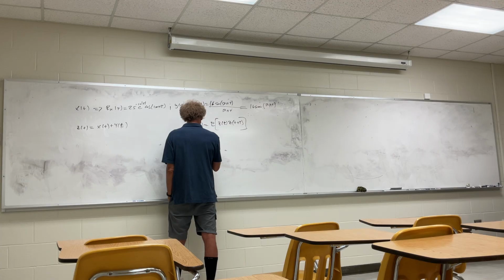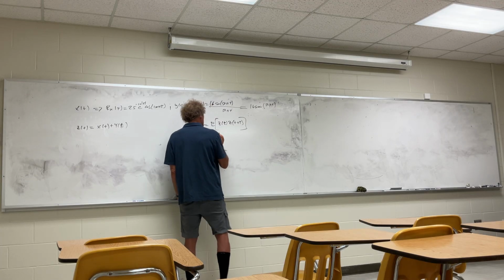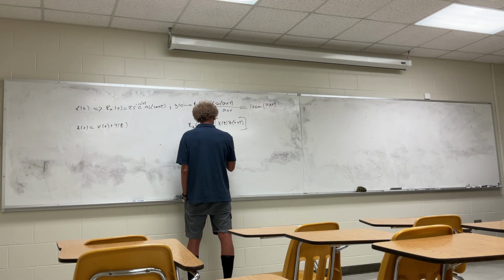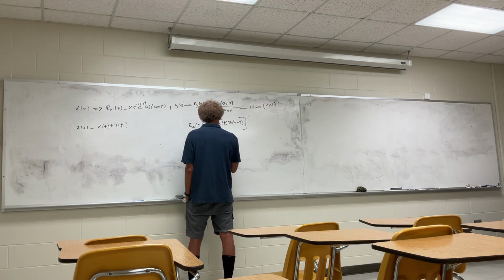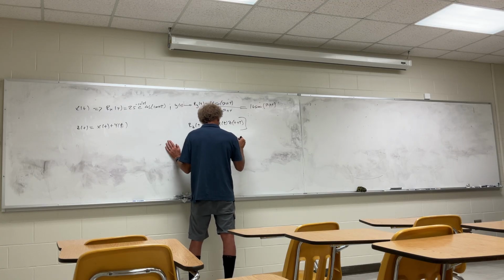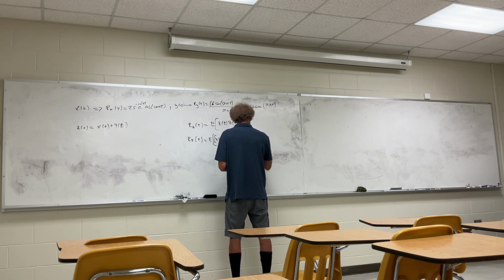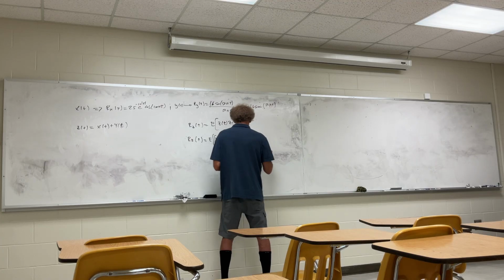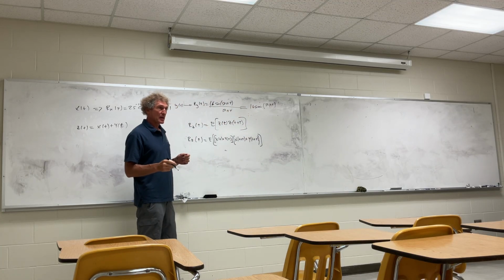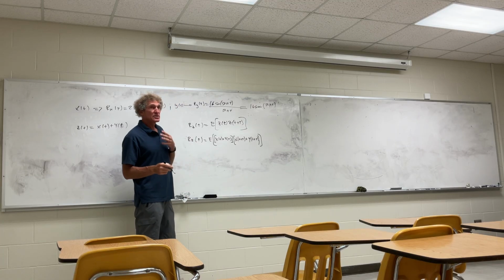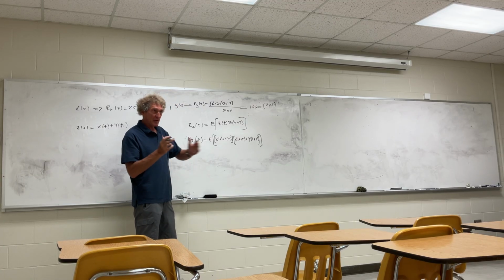So here is gonna be the expected value of, and now for z of t, I just put x of t plus y of t, and then I multiply it by x of t plus tau plus y of t plus tau. And now I do the math. Can you all follow me? I'm literally just taking the definition, and now I'm going to expand this.